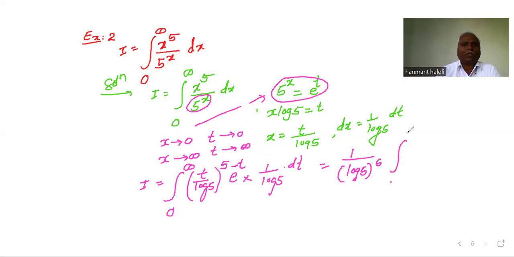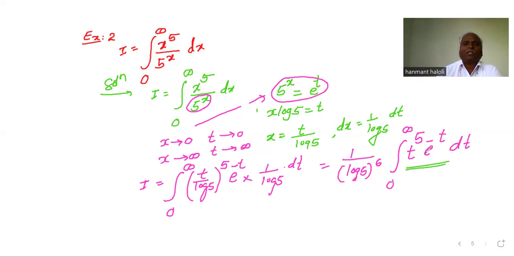Integral 0 to infinity, t raised to 5 e raised to minus t dt. Now our integral becomes the standard form of the gamma function.